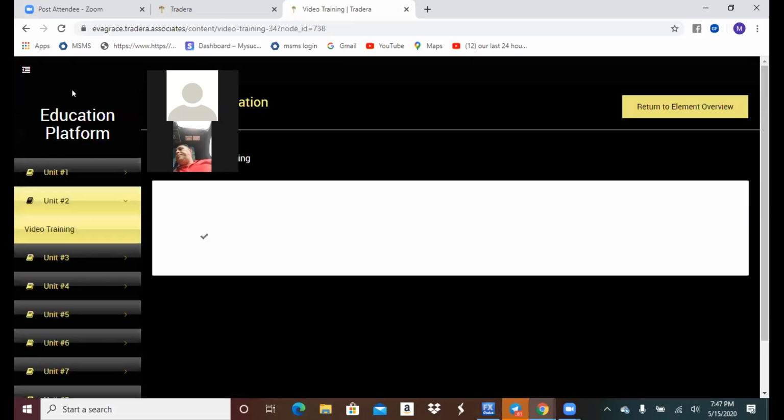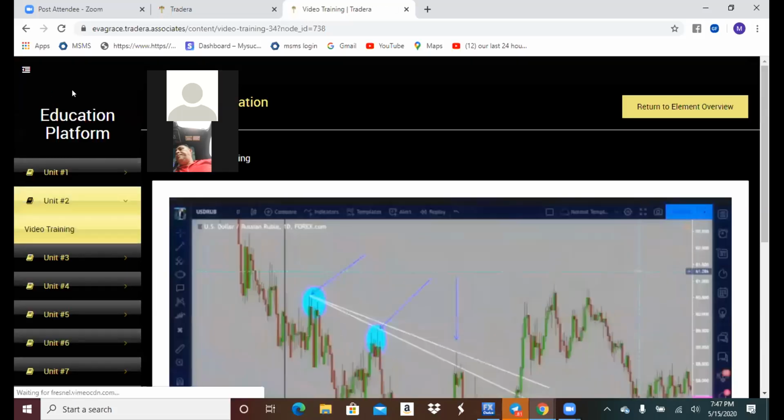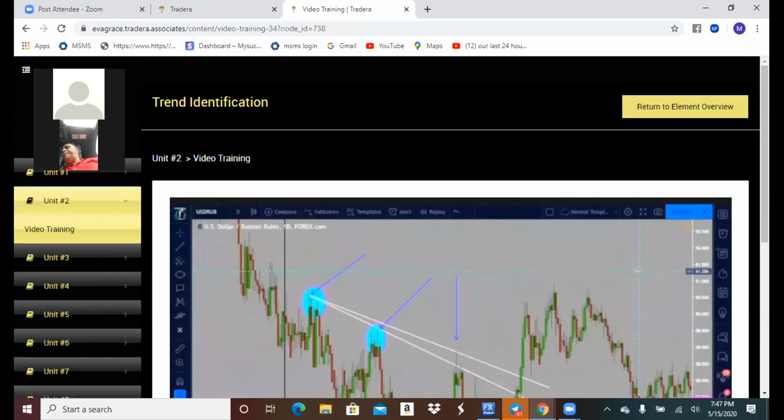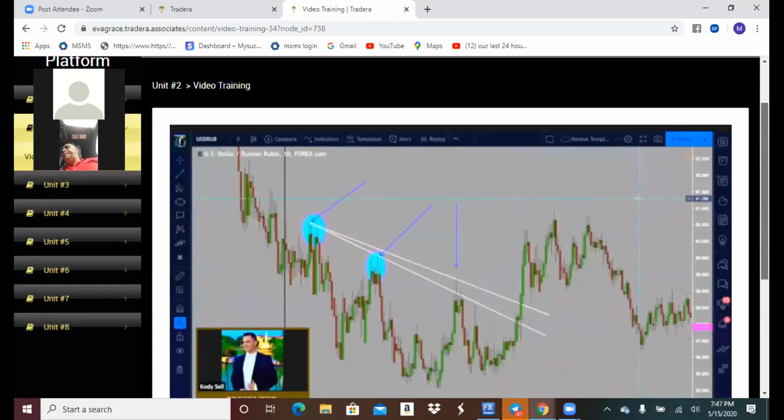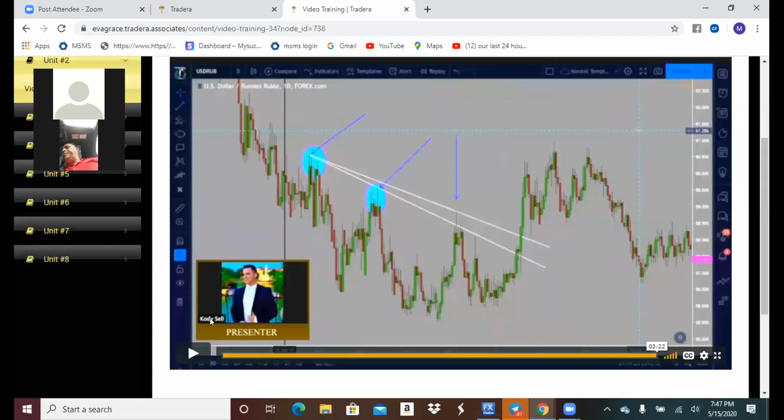In the chat, guys. Okay, moving right along. We've got one more on trend lines. I'm going to say a quick prayer that we get through this one painlessly. Okay, and then we're going to move on to market structure.